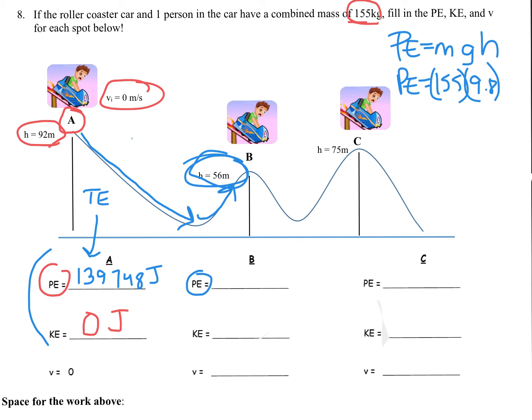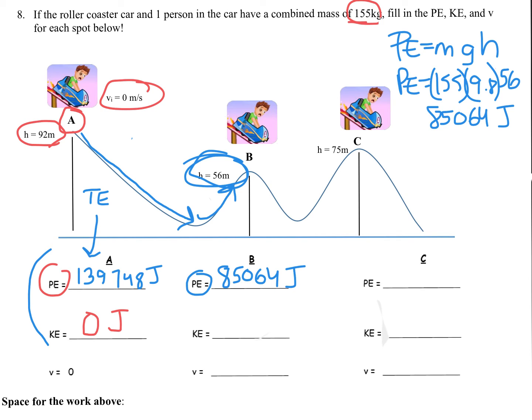But now the height is 56 meters. So we're going to plug that in. When you multiply that all together, you end up getting about 85,064 joules. So let's put that in, 85,064 joules for the total potential energy.